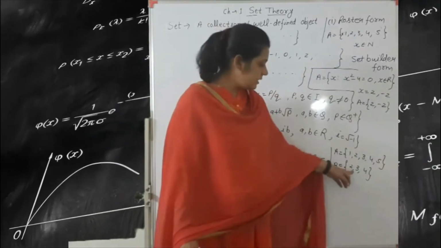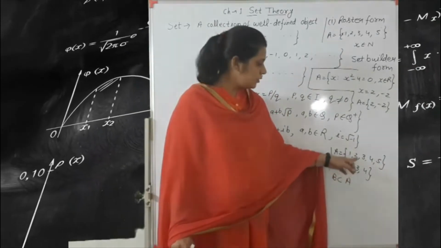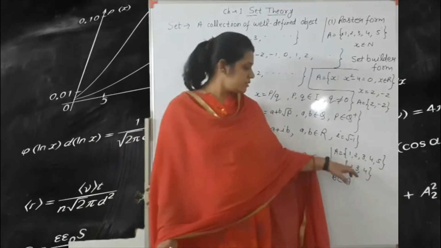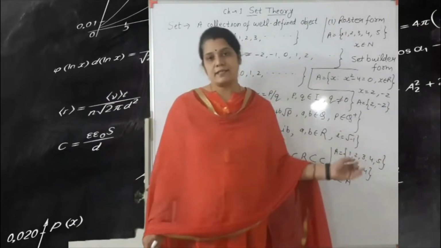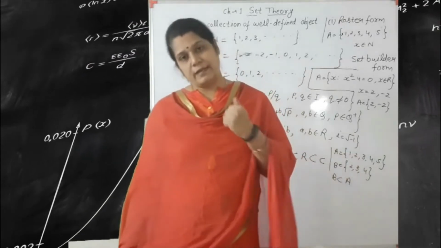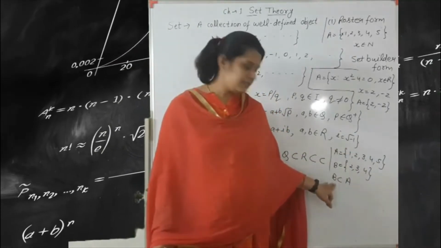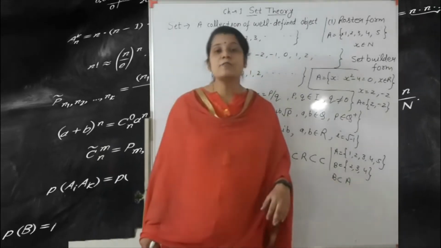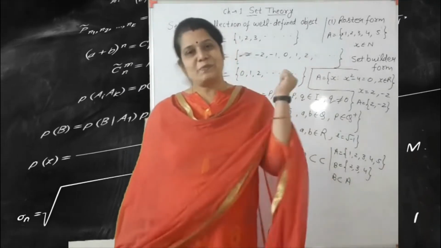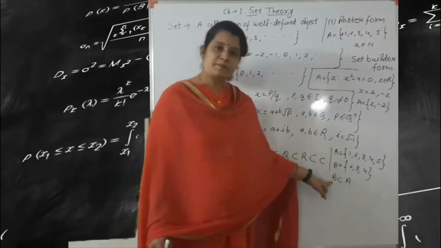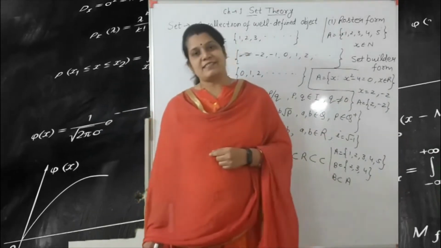Because the elements of B are included in the elements of A, or you can say that the elements of B are present in the set A. Okay, so B is a subset and A is the superset.